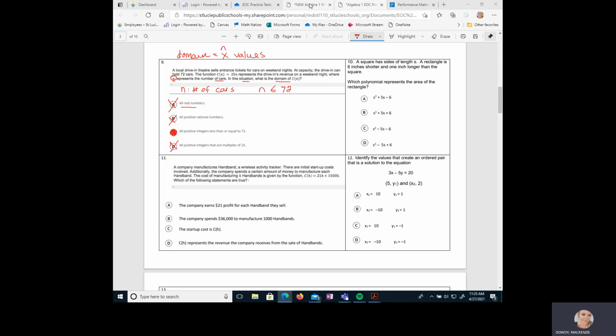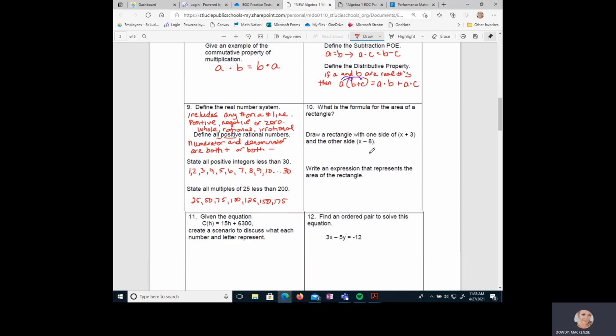Number 10, which is going to be the last one for this video. They want us to write the formula for the area of a rectangle. The area of a rectangle is A equals length times width. Draw a rectangle with one side of x plus 3 and one of x minus 8.